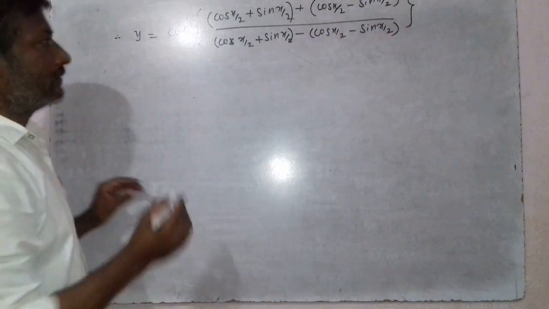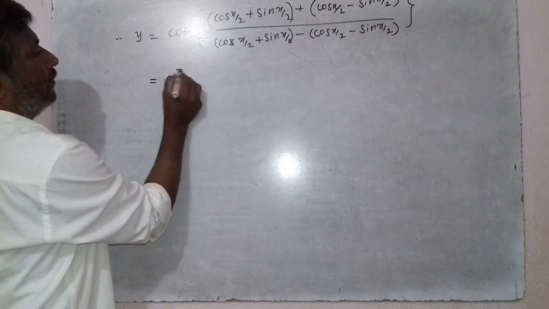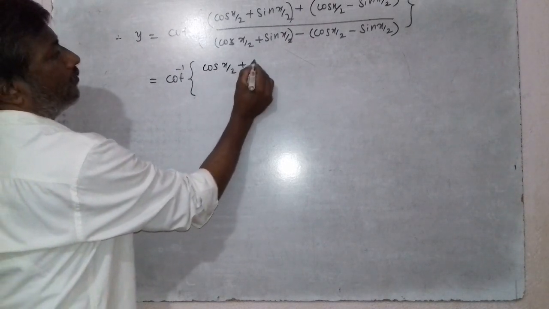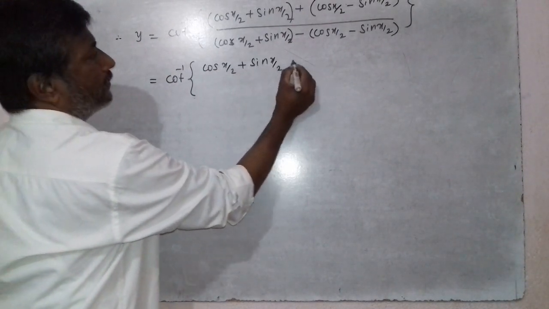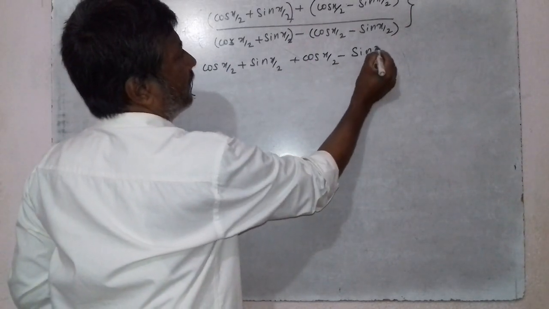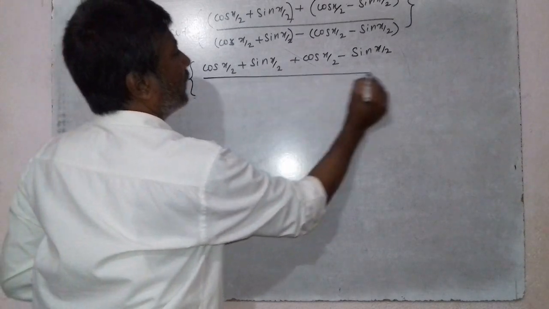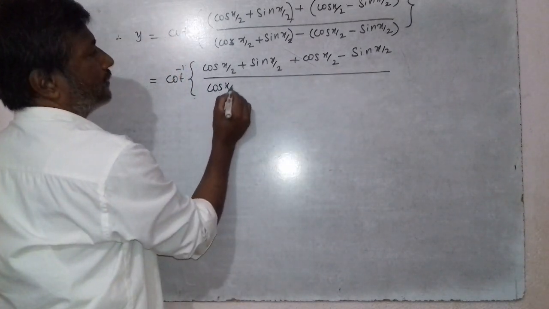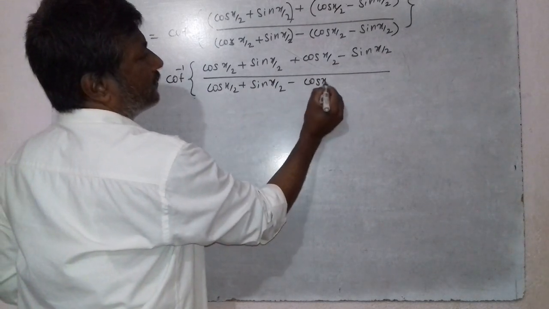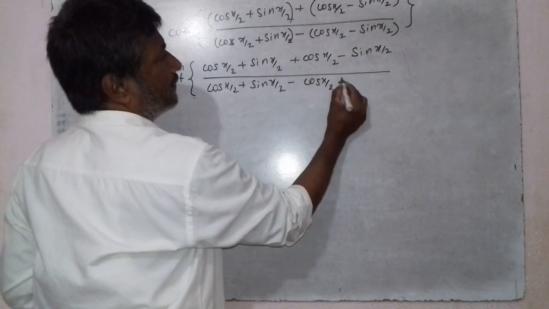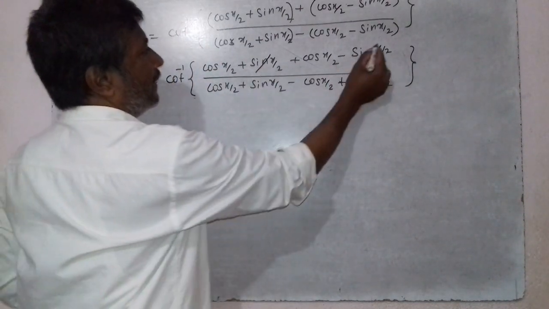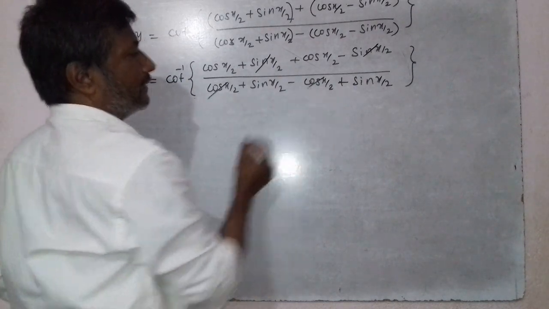Now simplify this. Cot inverse of [cos(x/2) + sin(x/2) + cos(x/2) − sin(x/2)] divided by [cos(x/2) + sin(x/2) − cos(x/2) + sin(x/2)]. Here sin cancels, here cos cancels.